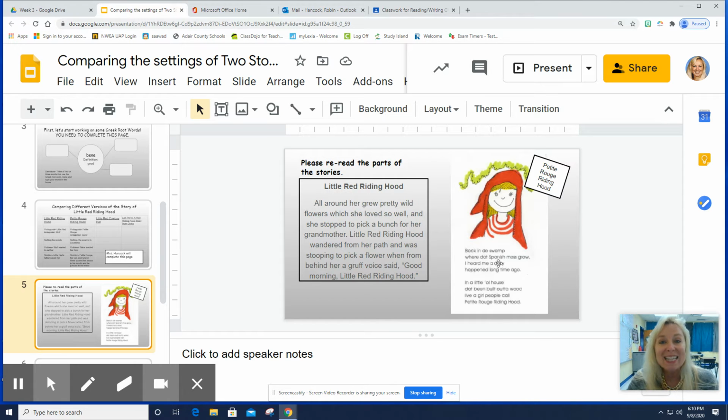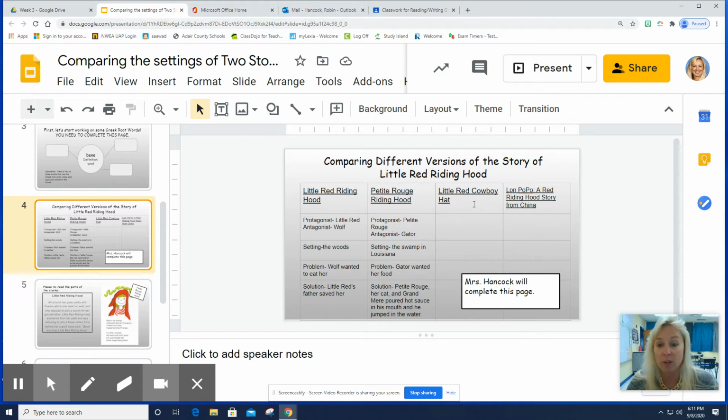But that's one example of how the setting, where and maybe when a story takes place, changes how the story is told. So that's the biggest thing I need you to understand today. The reason why settings are important is because they change how the story is told. So you've really got to pay attention to that. In fact, in the other two stories that we're going to read about, Little Red Cowboy Hat is the Western version.